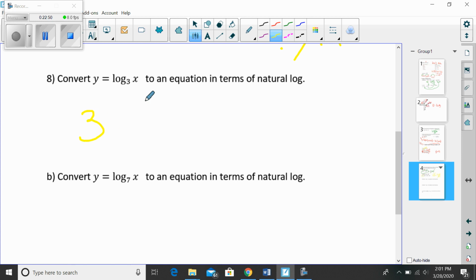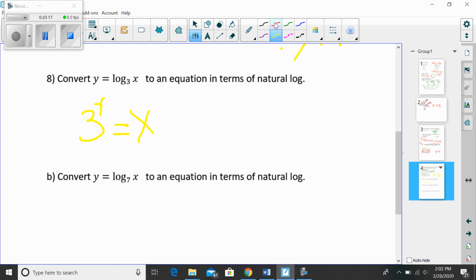3. Base is 3. The answer is the exponent, and that would equal x. So what I would do in this case is take the natural log of both sides. That's allowed. We've already said that's a legal move that I can do.